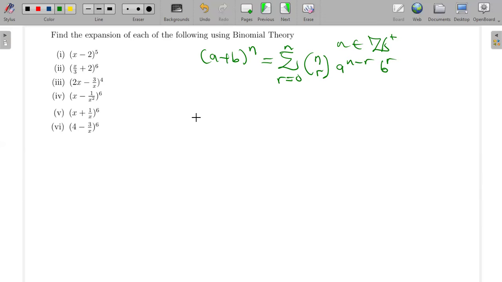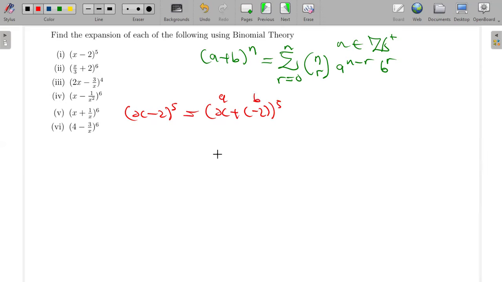Okay, so now let us put this into action. So for the first one, you have x minus 2 to the power 5. So we're not using Pascal's triangle, so meaning we have to find those coefficients in this case. So this here could be written, of course, as x plus then minus 2 there, like that, to the power 5. So that we have our a and our b there.